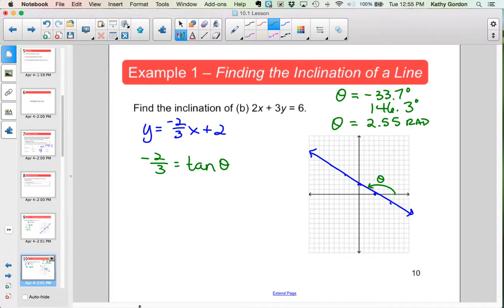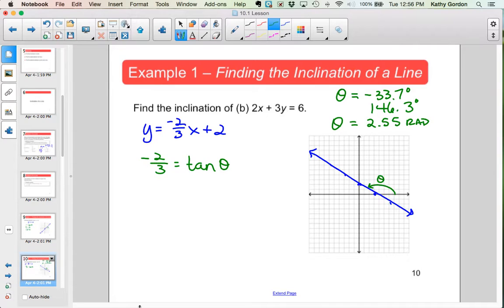So your calculator only knows how to deal with functions. So when you type in inverse tangent of negative 2/3, it's only going to give you an answer either in the fourth quadrant as a negative or the first quadrant, because those are the two quadrants that inverse tangent is allowed to give you an answer in. But what we really want is something that in essence is a second quadrant angle.